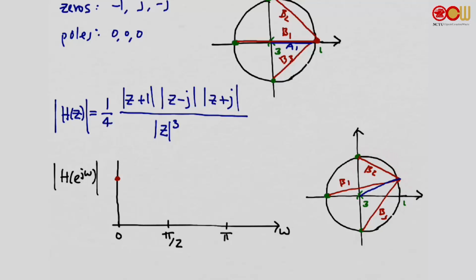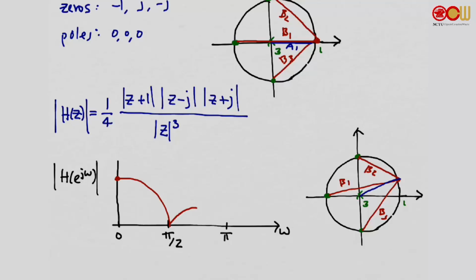So as we move from 0 to pi/2, the magnitude will decrease to 0. This is what happens: it gradually decreases to 0. And as we move away from this zero at j, the magnitude will come back up again.